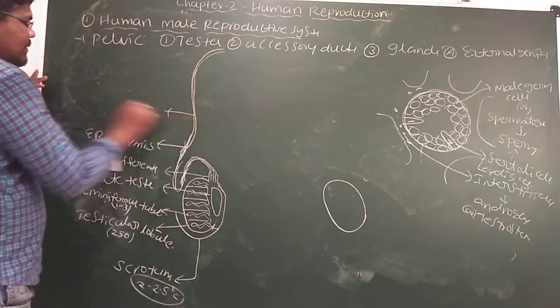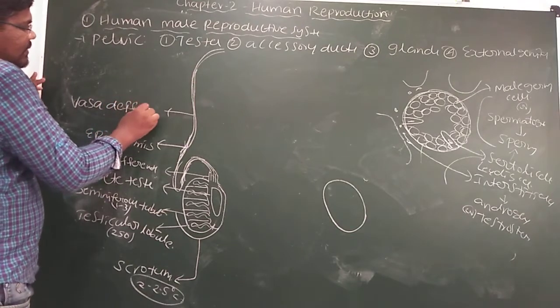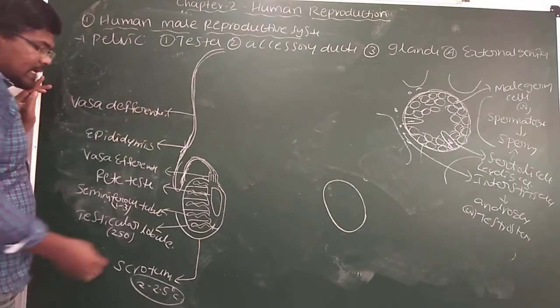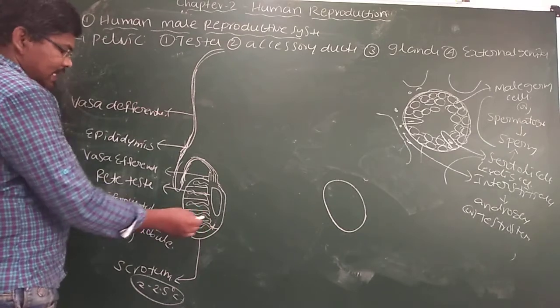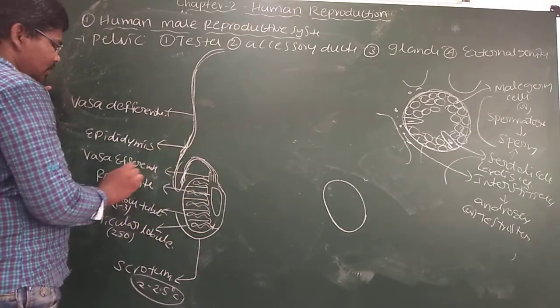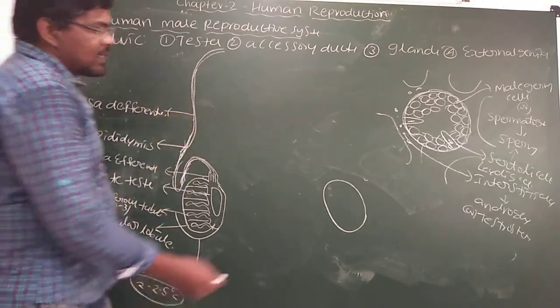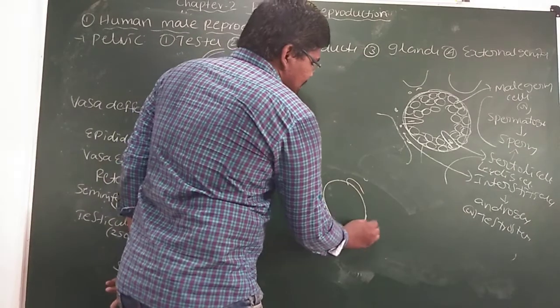This is the vasa deferentia. See here, seminiferous tubule opens into rete testis, opens into vasa efferentia, opens into epididymis, which opens into the vasa deferentia. Here we will draw directly.